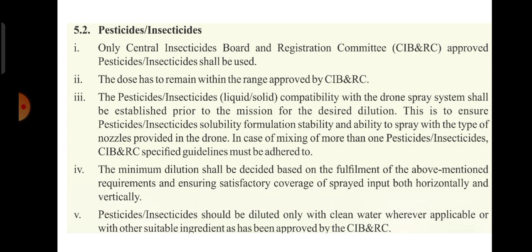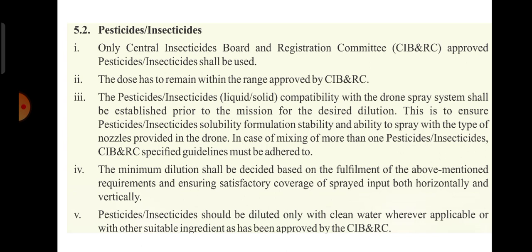The pesticide and insecticide compatibility with the drone spray system shall be established prior to the mission for the desired dilution. This is to ensure pesticide or insecticide solubility, formulation, stability, and ability to spray with the type of nozzle provided in the drone.